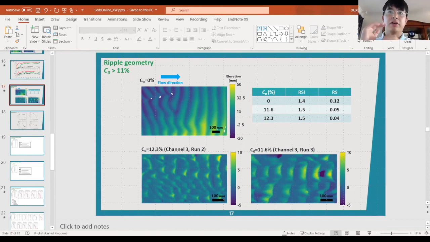As you can see in the clean sand bed, we didn't find any significant delay in the ripple formation. So I think in the experiment, the delay in ripple formation was just because of the cohesion in the bed. Hope this answers your question.